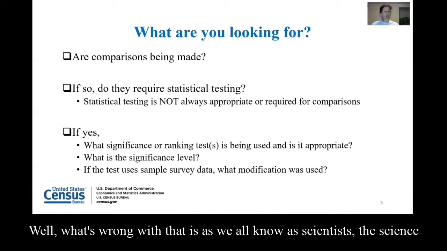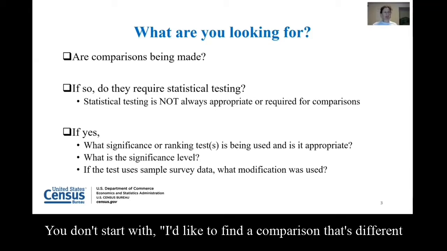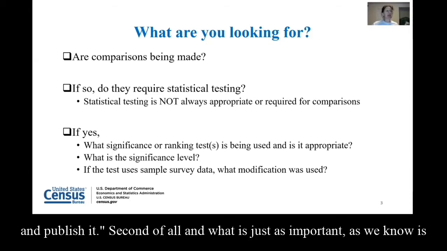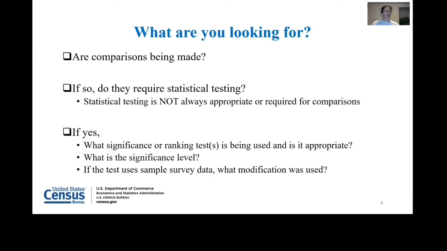Well, what's wrong with that is, as we all know as scientists, the science experiment starts with a hypothesis, and you would like to reject it. You don't start with, I'd like to find a comparison that's different and publish it. Second of all, and what is just as important, as we know as statisticians, that 1 out of 10 tests is going to reject the null hypothesis. That's our type 1 error.